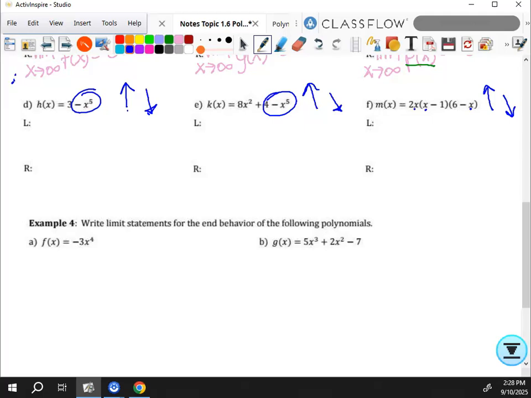Okay, good. Any other questions? So when you have to multiply it out, we don't have to multiply it out. I'm going to take 2x times x to get my leading term, right? That gives me 2x squared. I'm also going to have to multiply it by this negative x.